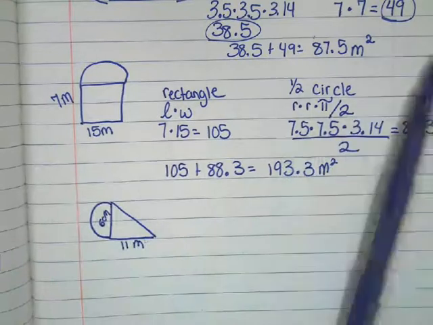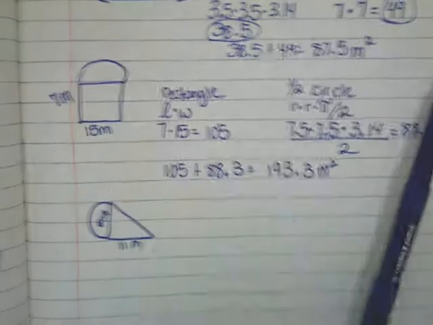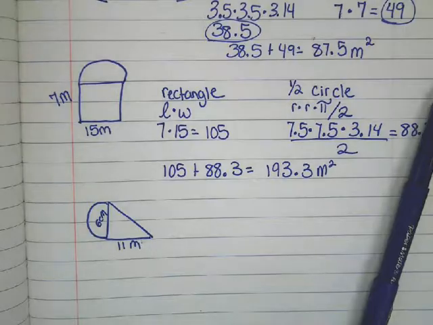So, do the triangle. Did I say 60? It's 6 centimeters. I missed that. Yeah, it did look like 60, but it's centimeters.